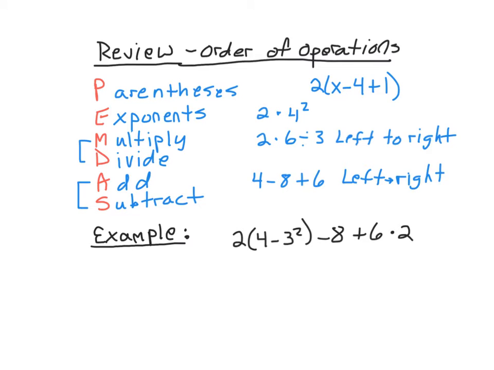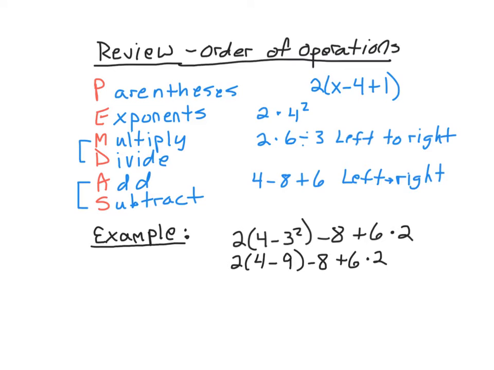And when I do that, I end up with 2 times 4, and the 3 squaring is actually going to be before the negative is multiplied to it. Therefore, the answer remains negative. So it's going to be 4 minus 9, because 3 squared is 9. And then everything else basically stays the same for the moment.